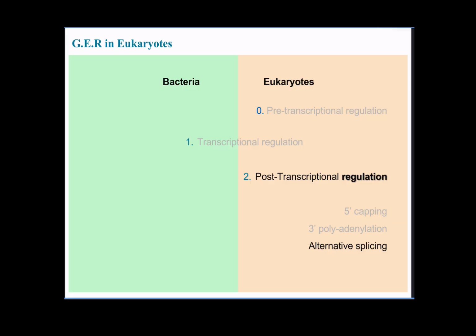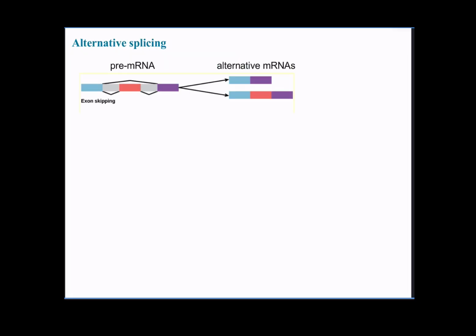So even though all three of these processes are post-transcriptional modifications of RNA, the only one that is really regulated, the only one that allows cells to introduce some level of regulation is alternative splicing. And we'll discuss it next. So we mentioned this briefly when we talked about splicing itself.